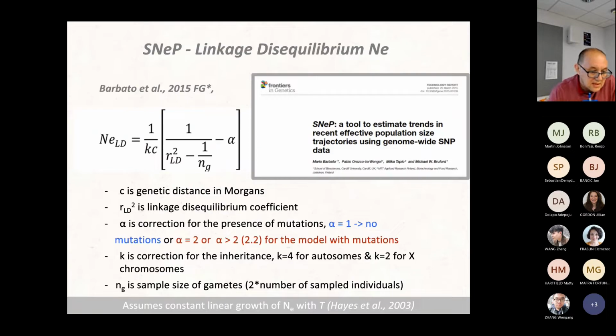So the next is actually, I'm putting the name of Barbat, although I should credit some other authors like Sved, Ben Hayes, Albert Tenesa, but this is the formula under which SNEP is working.